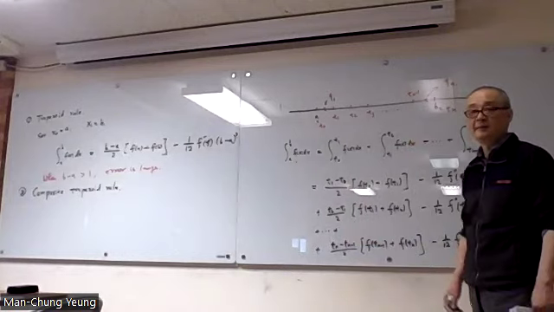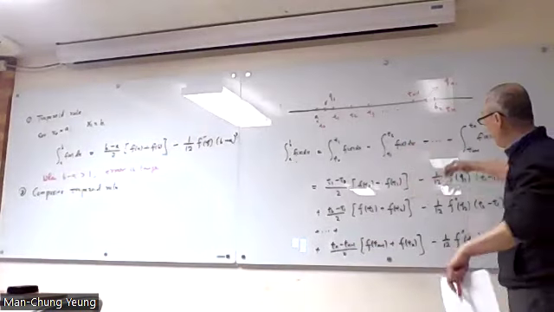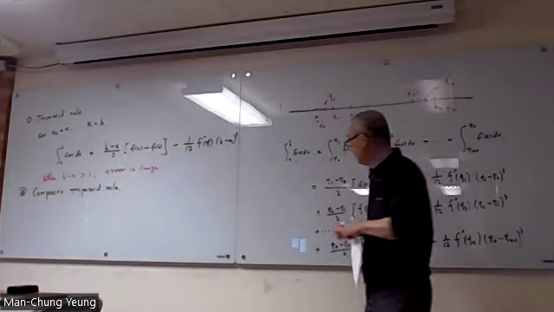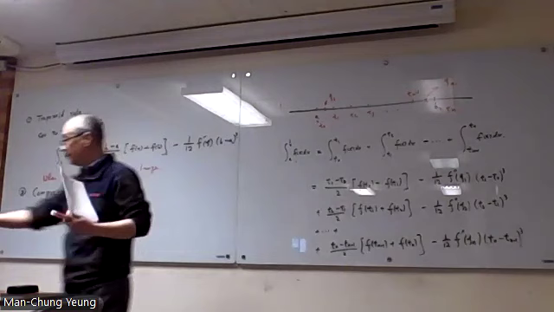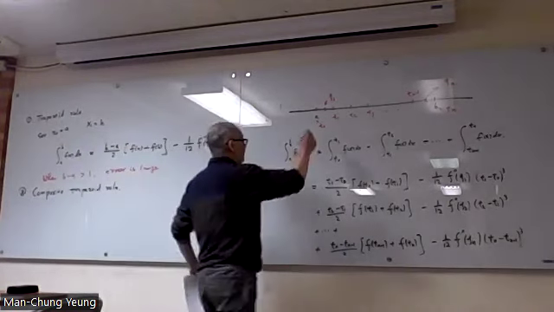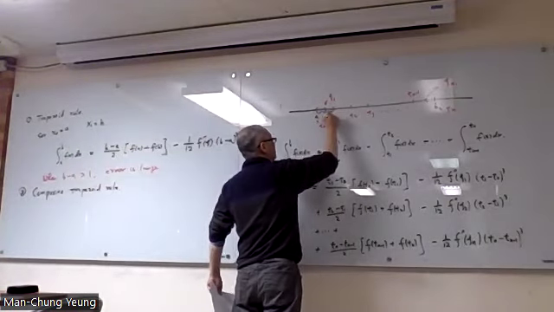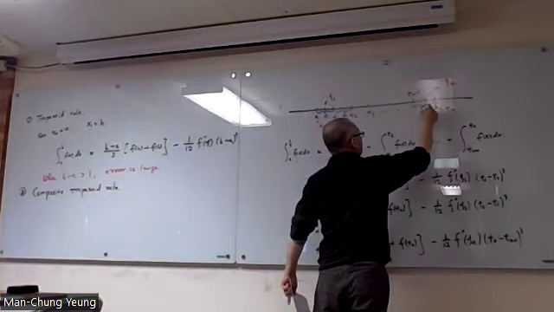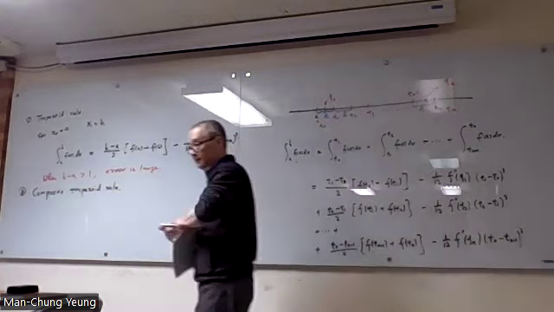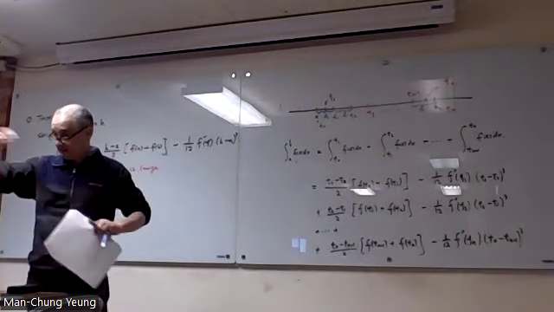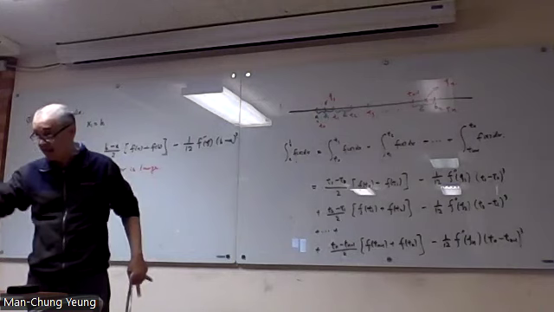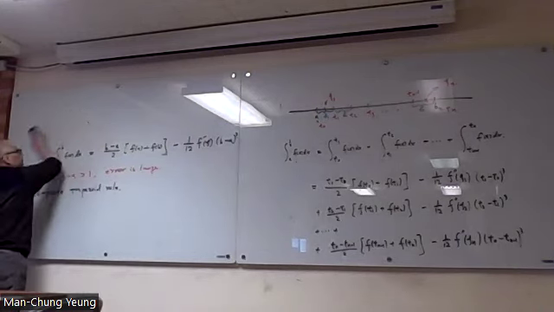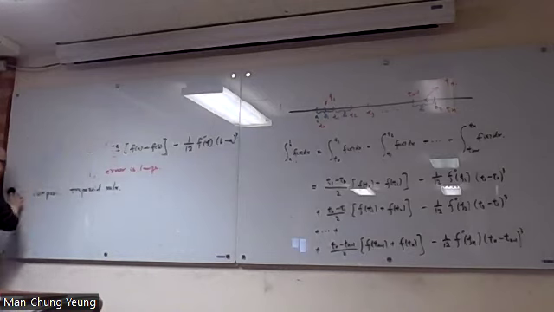How about I make an assumption: all the subintervals have the same length, say H. Cut the interval AB evenly. Then I can simplify.